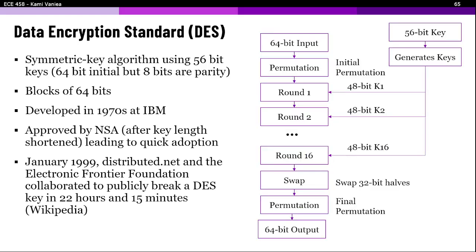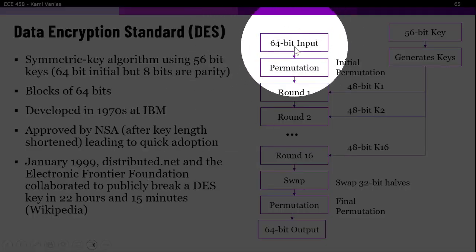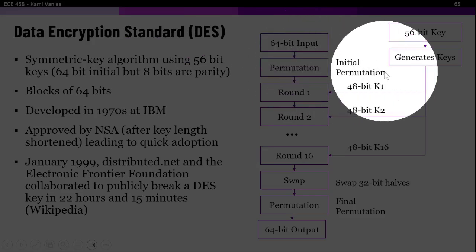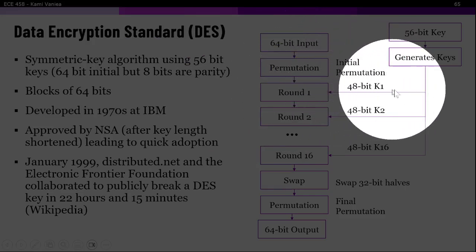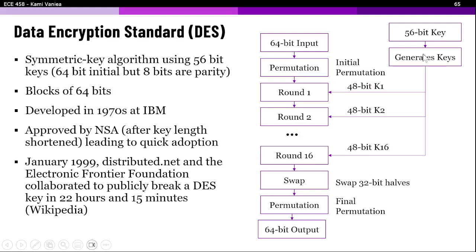This is also an encryption algorithm that is done in rounds. Up till now, we have not talked about rounds, but the idea is you have a 64-bit input. This is, I believe, the current plain text. It goes through a permutation. Then it goes through round one, which is taken from the key. So the key is fed into, I'm just going to call it a hash algorithm.